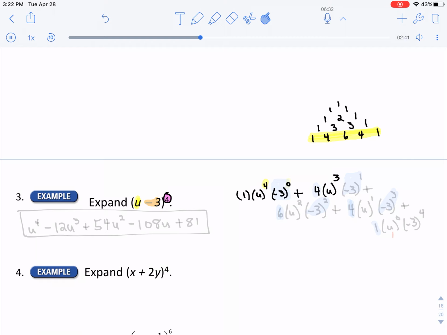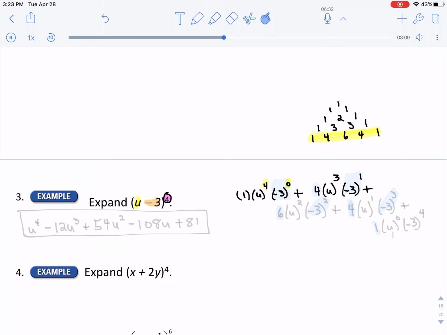And then we take our second term, which is a negative 3, and the exponent on it goes up 1. So since this one was a 0, up 1 would be a 1. So let's stop here for a minute and let me show you something. The exponents 4 and 0 have to add up to 4. 3 and 1 has to add up to 4. So the exponents are always going to add up to 4. All right, then we put another plus sign.